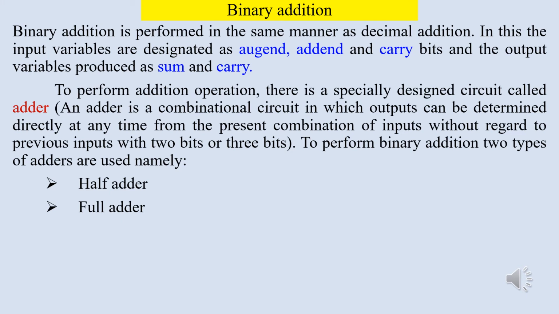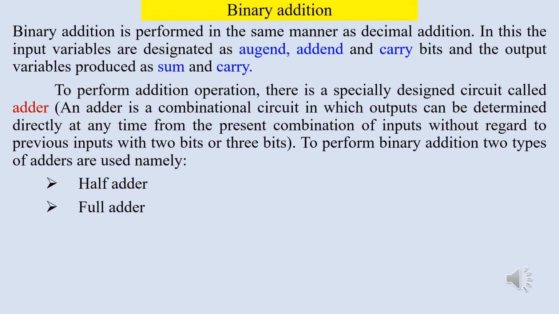First, we start with binary addition. As we know, addition operation is possible when two and only two variables are present. Likewise, binary addition is performed in the same manner as decimal addition. In this, the input variables are designated as addend and carry bits, and the output variables produced are sum and carry.